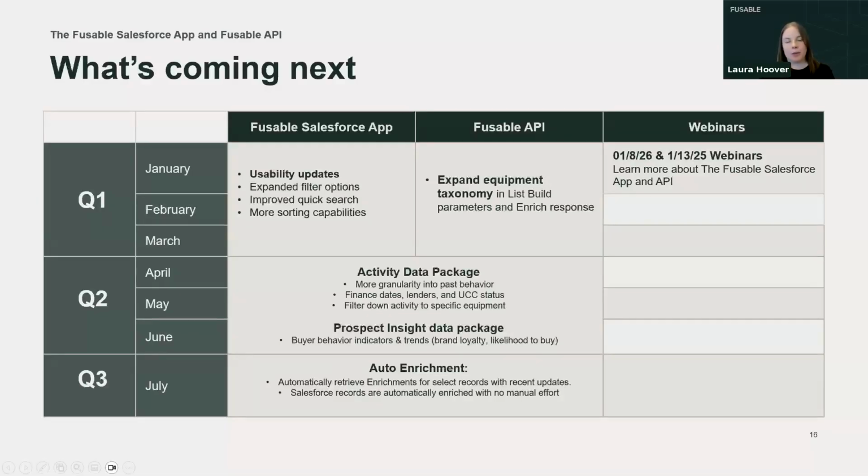Next up on our roadmap are some features around auto enrichment, where we can offer features to automatically enrich and refresh your records, reducing manual effort even further. We have much more planned after that point, but I don't want to get too far ahead of myself, so I'll just mention these features as a teaser for now.